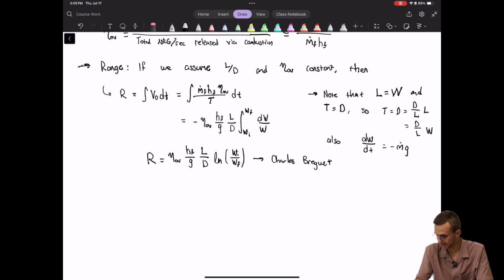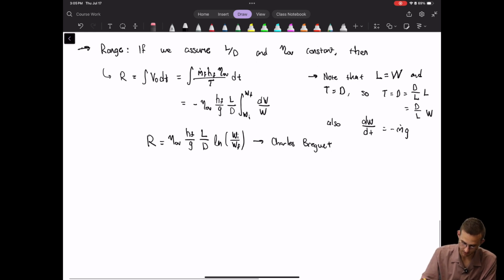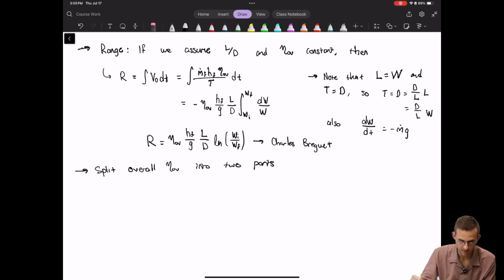Let's define a propulsive efficiency and the thermal efficiency. So we're going to split the overall efficiency into two parts, an aerodynamic component and a thermal component.